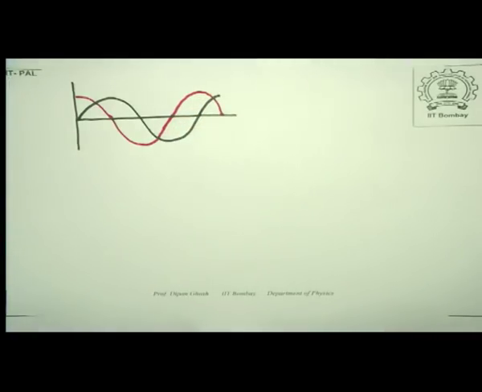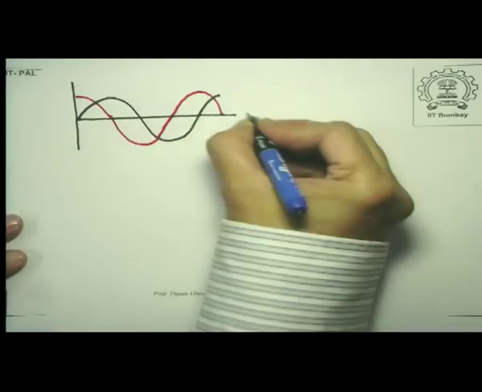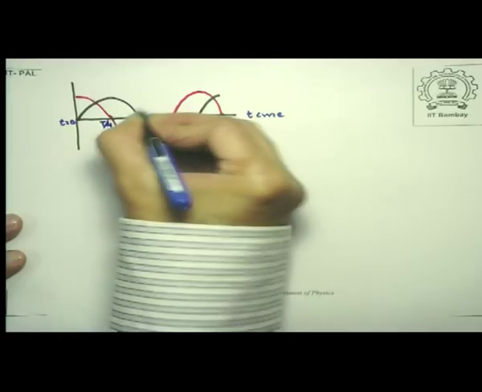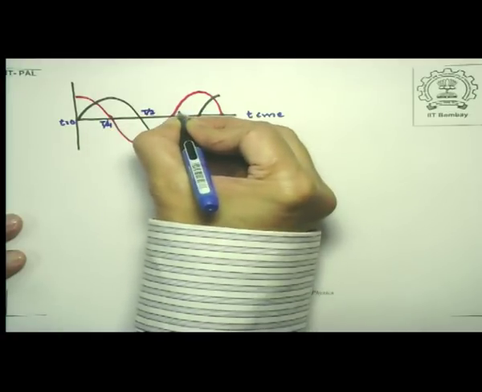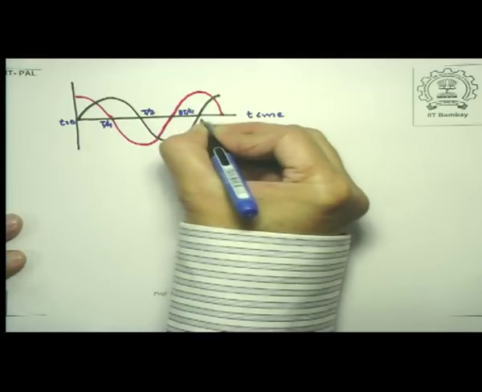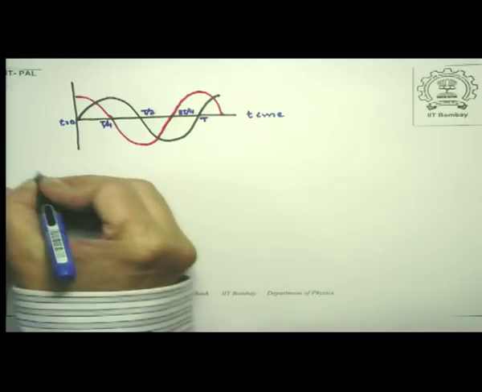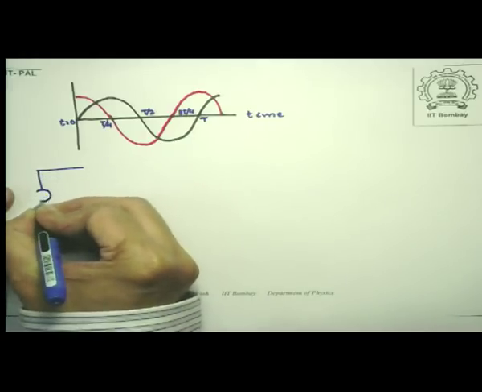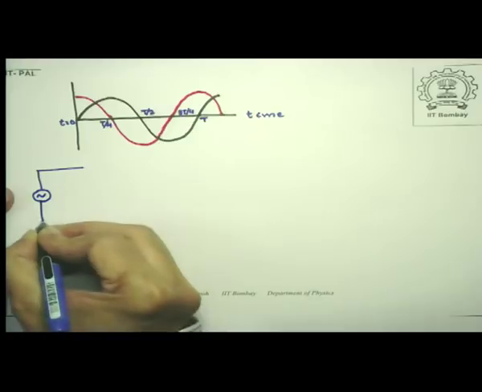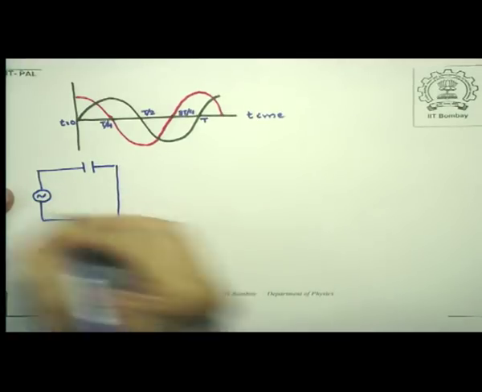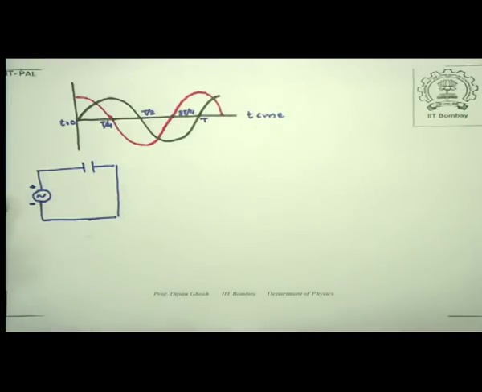Okay, so notice what's happening is this. Supposing this is my time axis and this is time t equal to 0, and this is T by 4, T by 2, 3T by 4 and T. So look at what happens at t equal to 0. This is my circuit. Let us suppose at that instant this side is positive and this side is negative.